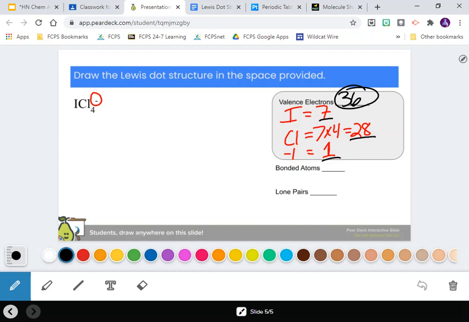I is going to go in the middle. Let's put I in the middle. Attach the ligands just like we normally would, following the same rules as we always do. Satisfy the octets of the ligands. That's 2, 4, 6, 8. So now I'm down to 28.